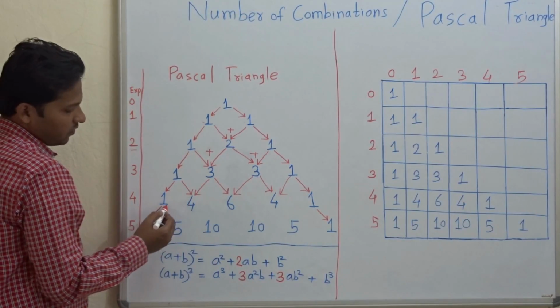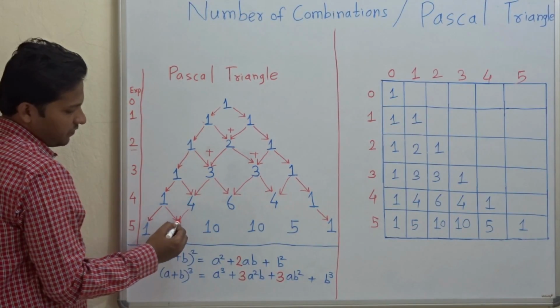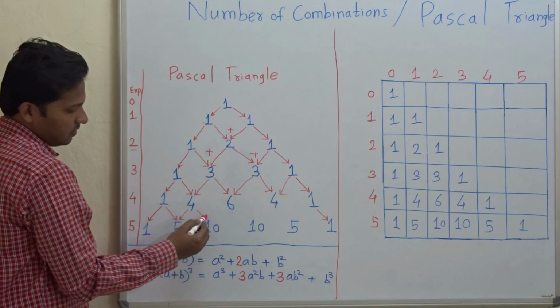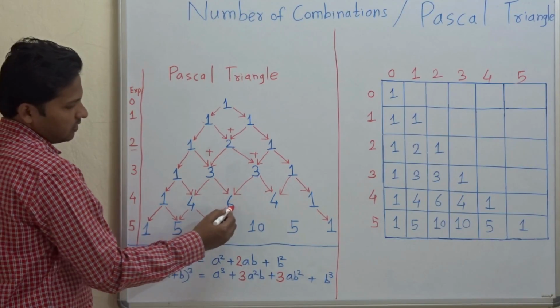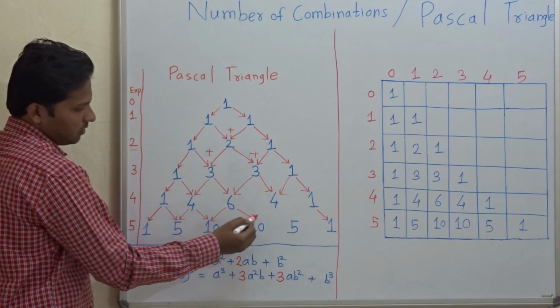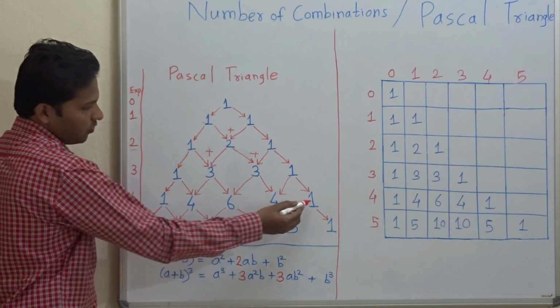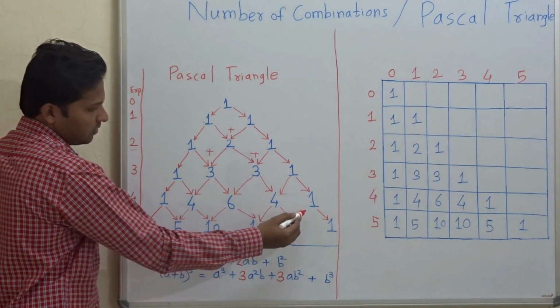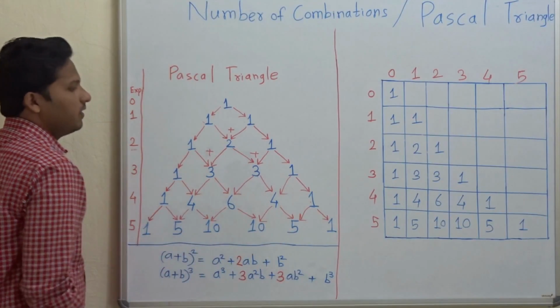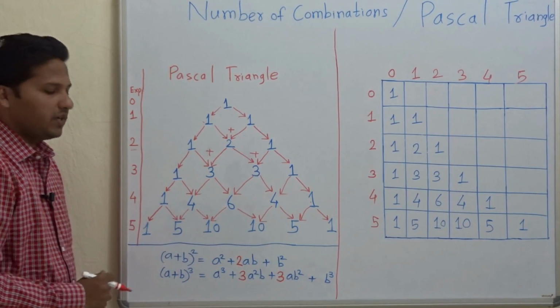Then 1 plus 4 is 5, 4 plus 6 is 10, 6 plus 4 is 10, 4 plus 1 is 5. So this is how this triangle is calculated.